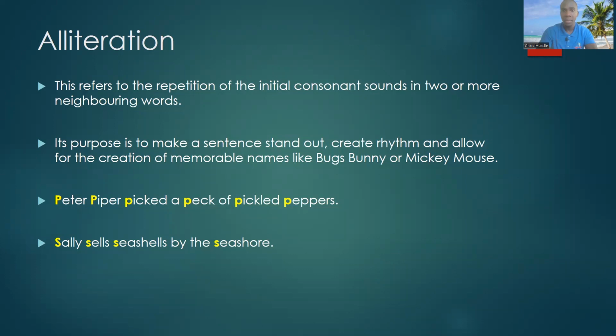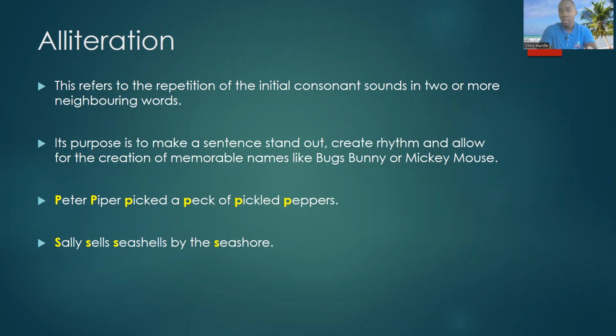So let's look at the example Bugs Bunny or Mickey Mouse. I'm sure most of you are familiar with these characters. Let's say you did not know anything about these characters, but you hear those names. The repetition of the B in Bugs Bunny and the repetition of the M in Mickey Mouse. They sound cool, right?